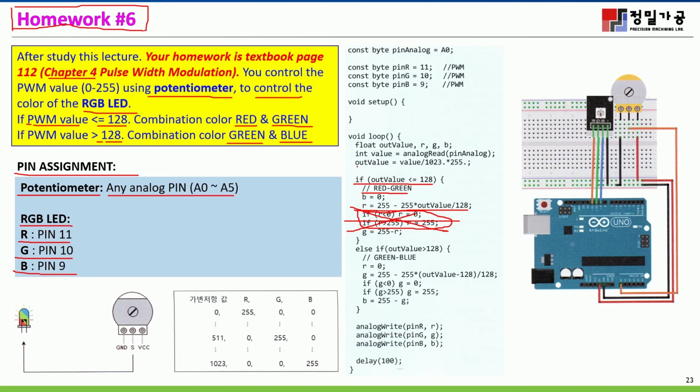Because you already declare in here the value is maximum 255. So I think no need. Also this one is no need. But if you want to put it in, it's fine, but I think no need.